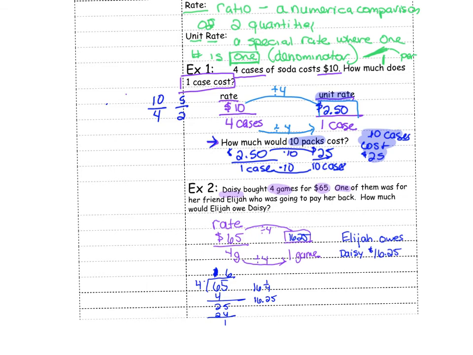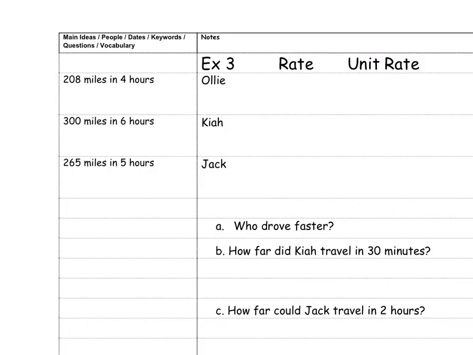So for both of these problems, we're starting with the rate or the ratio, and we're making it into unit rate with 1 on the bottom. All right, let's start practicing with miles per hour. We don't talk about hours per mile, we talk about miles per hour. And we're going to write the rate and the unit rate for each person.